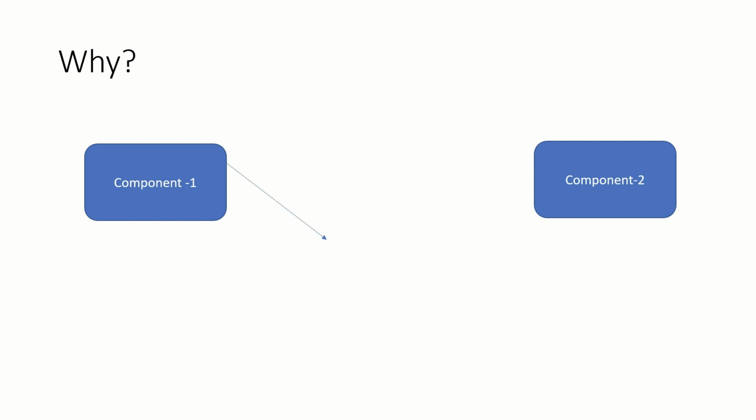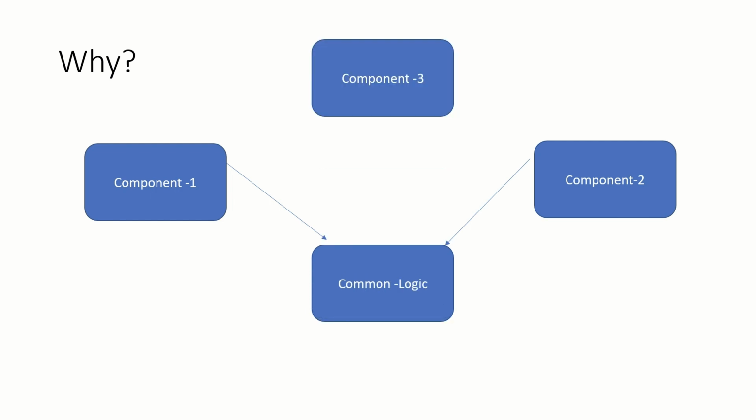So we develop one service where we put all the common logic, either database connectivity or any common logic. It also saves our effort and time. In the future, if we develop some new component, then that component can directly use the common logic from the service. So let me go to the next slide.